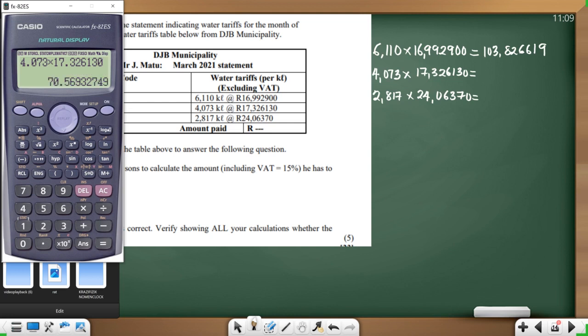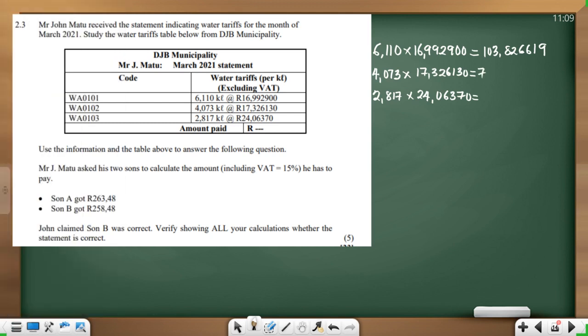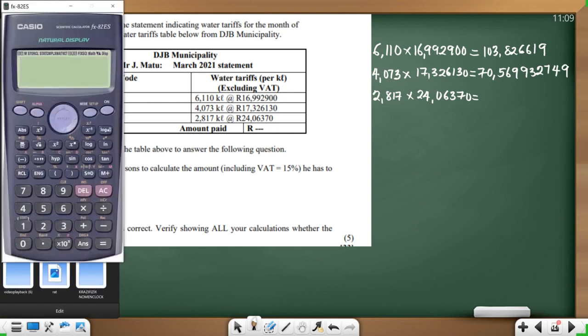Oh, so long. 70,569,932,749. I just prefer that because some of us struggle with the rounding off story. So let's maintain 70,569,932,749. I have this written down on a page. All right, that's why you see me just writing.